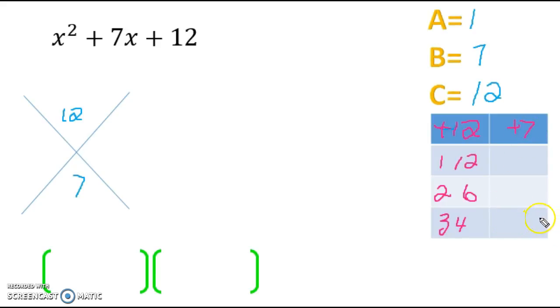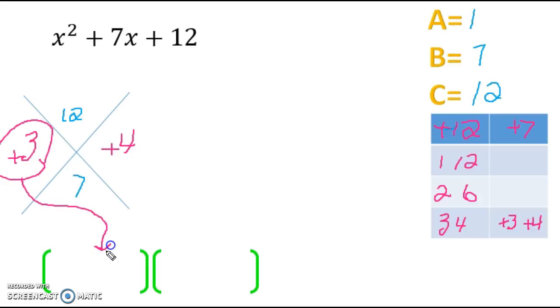Which one of these will give us a positive 7? We can pretty much figure that out: it will be the 3 and the 4. So a positive 3 and a positive 4. Let's write those in. We now can write our binomials. Take that 3 and plug it in for that second term.